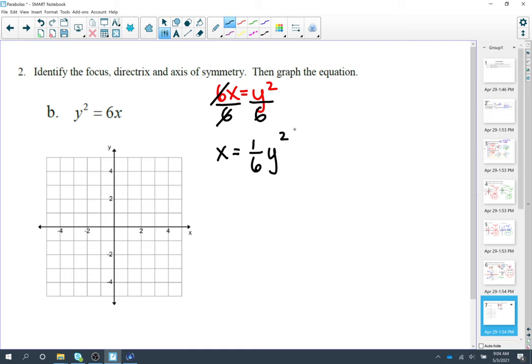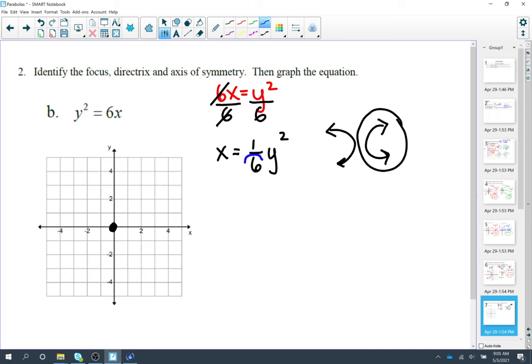Because the y is squared, I know that this is either going to open to the left or open to the right. And because the 1/6 is positive, I know that this one is going to look like this. We also know, because there's just an x and just a y, that our vertex is at 0, 0, so we can put that on there. And now we have to find p.